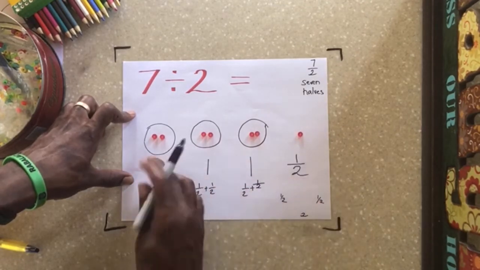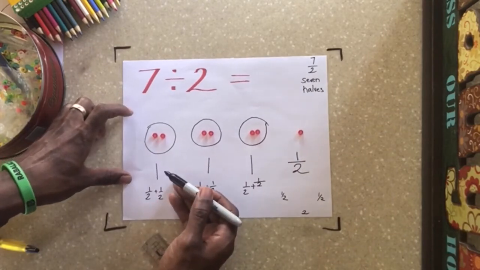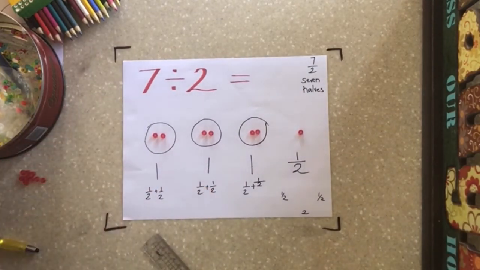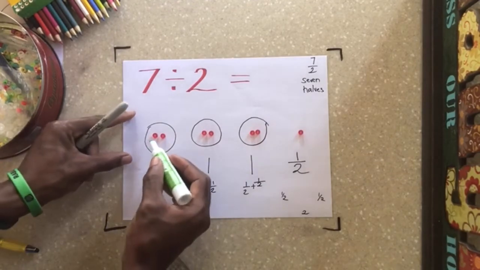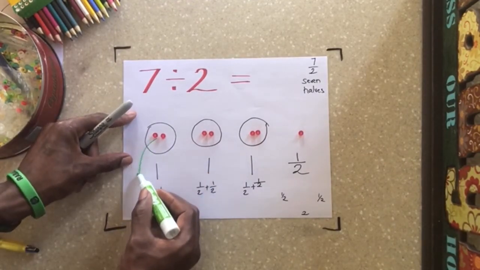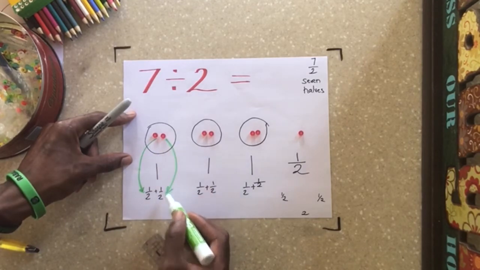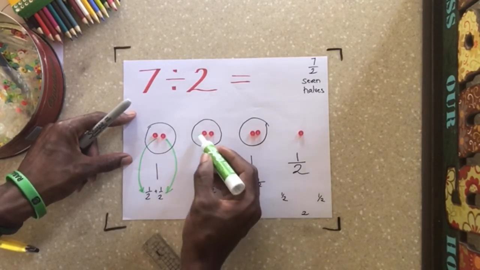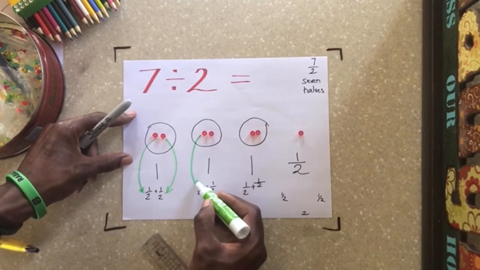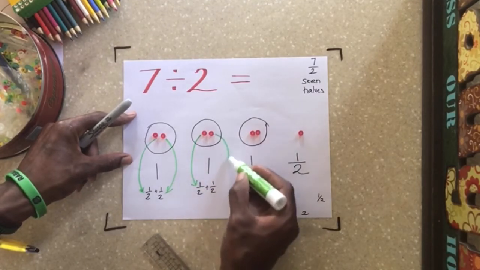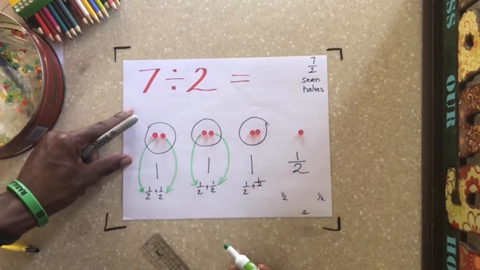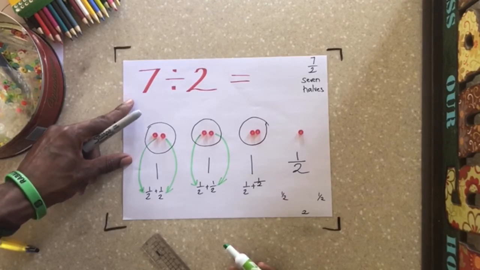So right here, basically we can say that this one is a half of the 2, and that one is another half of the 2. This one on the left is a half of 2, and the other one on the right is a half of the 2. And we repeat that.